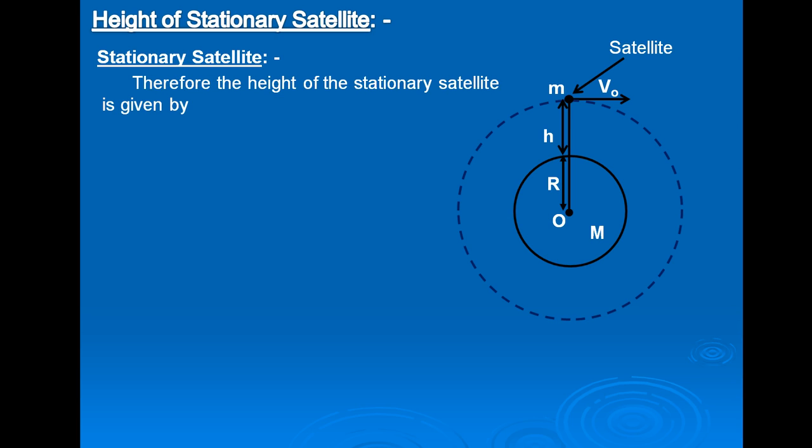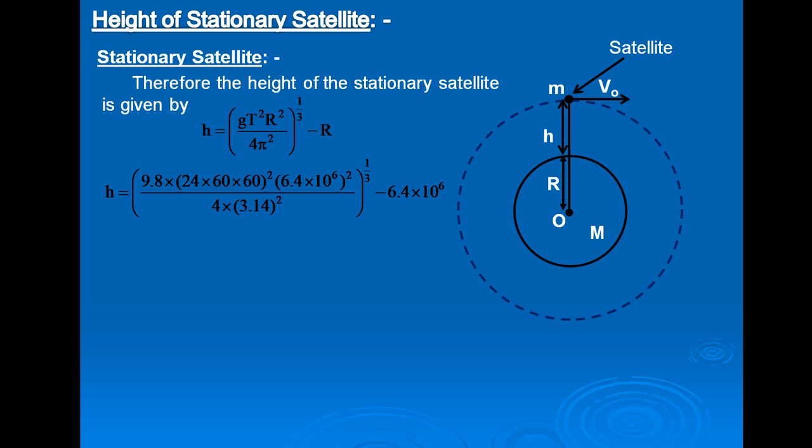Therefore, the height of the stationary satellite is given by h is equal to (g T square R square upon 4 pi square) whole power 1 by 3 minus capital R. By putting the values of g, capital T and capital R, we will get h is equal to (9.8 multiplied by (24 into 60 into 60) whole square multiplied by (6.4 into 10 power 6) whole square upon 4 into (3.14, the value of pi) whole square) whole power 1 by 3 minus the value of R, 6.4 multiplied by 10 power 6.